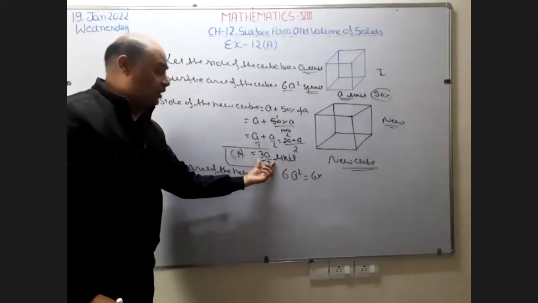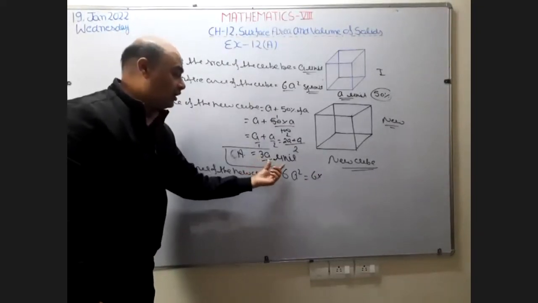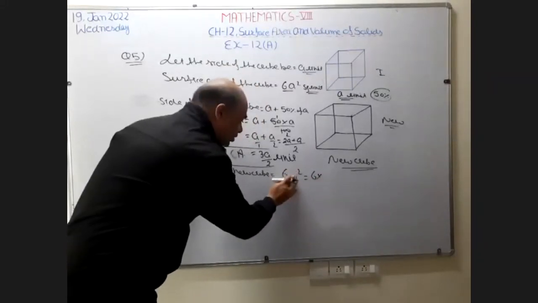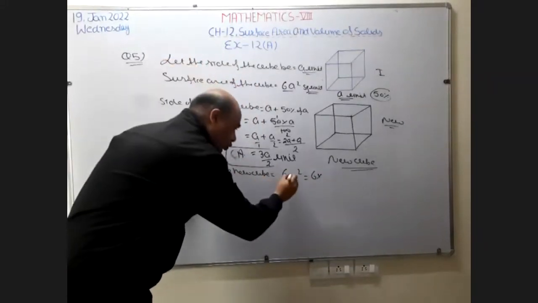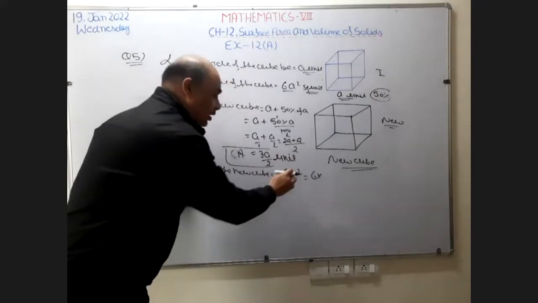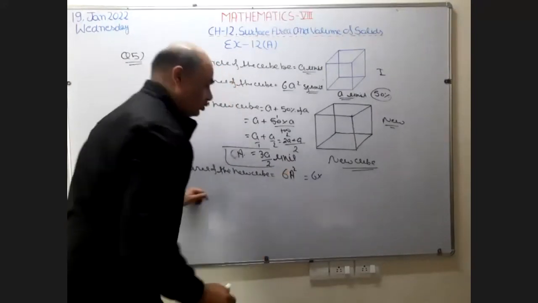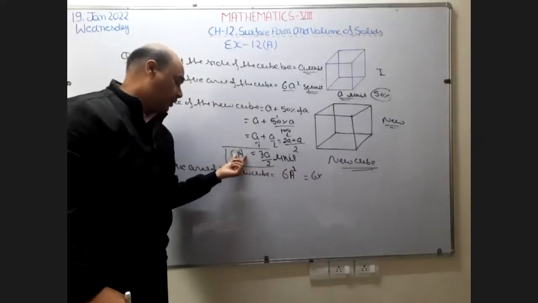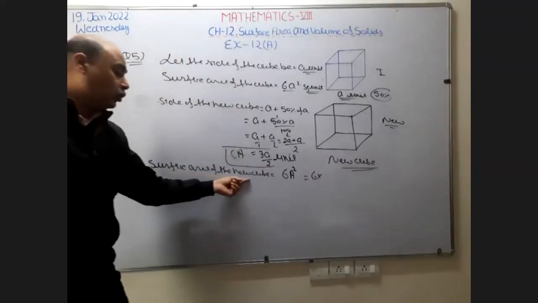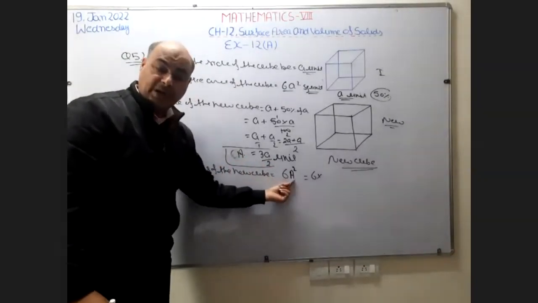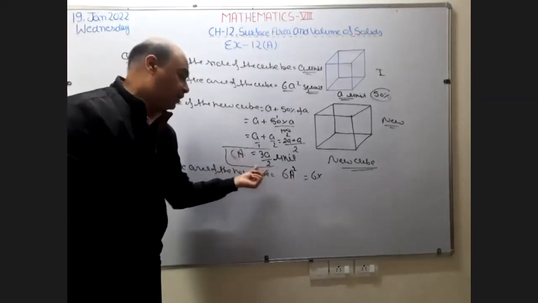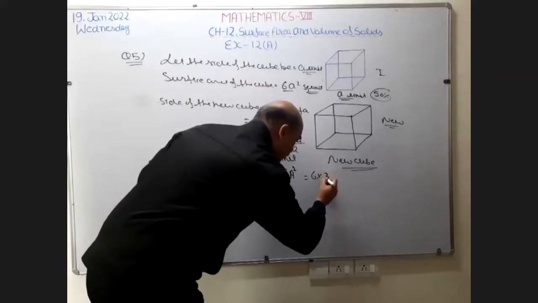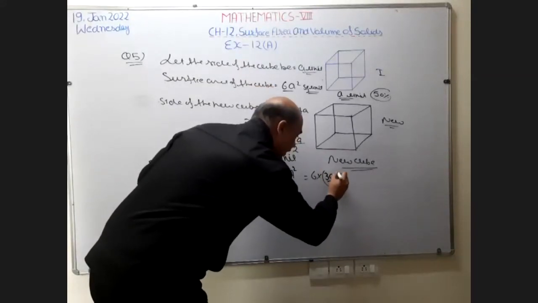The side of the new cube is this one, so I want to write this value instead of A. You can write capital A, beta, so there is no confusion between A and small a. Take this capital A. Now write surface area of new cube: 6 capital A square, because I take this side as capital A. Now what is the value of capital A? 3A upon 2. So write 3A upon 2 and its square.